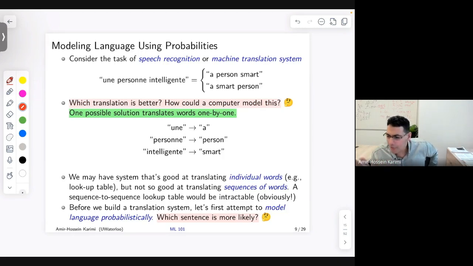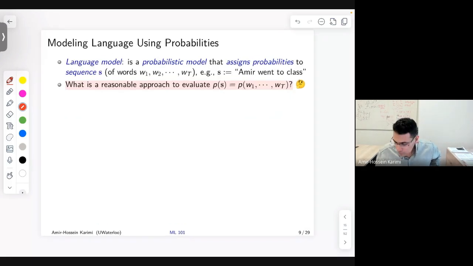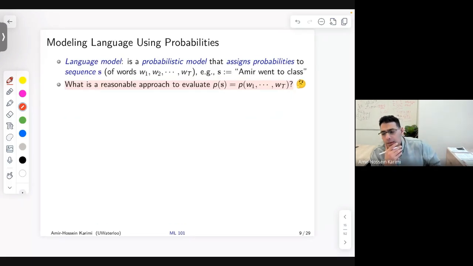So before we go on and build our translation model, let's actually first try to understand language probabilistically. And you all correctly said that the second sentence is more likely. So let's see how we can formalize that. So let's define a language model as a probabilistic model that assigns probabilities to sequences S of words W1 to WT.